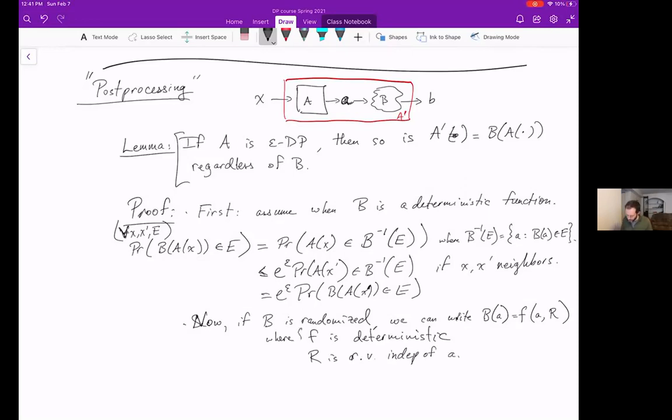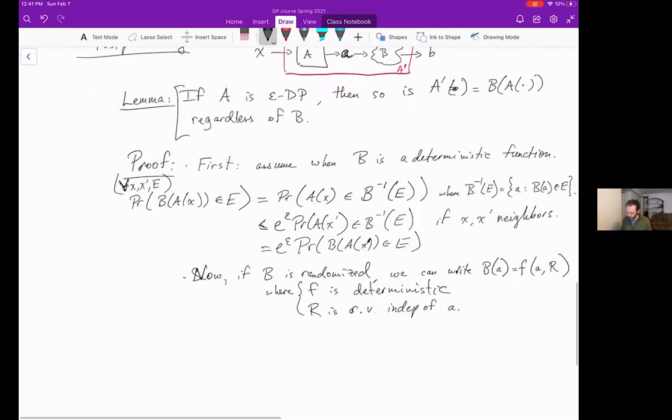So R is just the random choices made by the algorithm B. And so we can really apply our previous reasoning to just the function F.